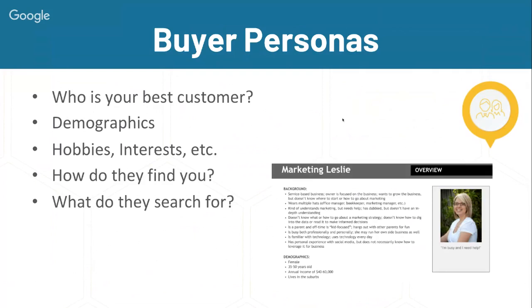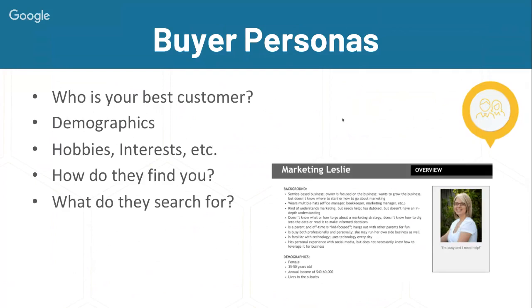Do they find you at events? Do they respond to Google or Facebook ads? And when they do search for you in Google, what do they type in that search bar in order to find you? And so you're actually going to come up with pain points that your best personas are connecting with. What do they need at that micro moment that they're engaged with you to take that next step?